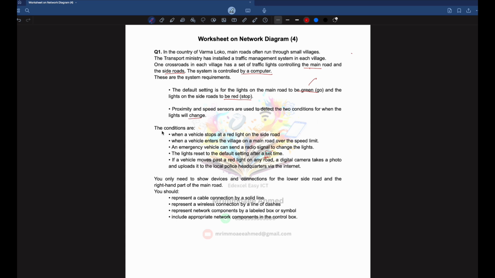What are the conditions? When a vehicle stops at a red light on the side road, that means the side road has some vehicle sensor, so it can understand that a vehicle has stopped at the red light.